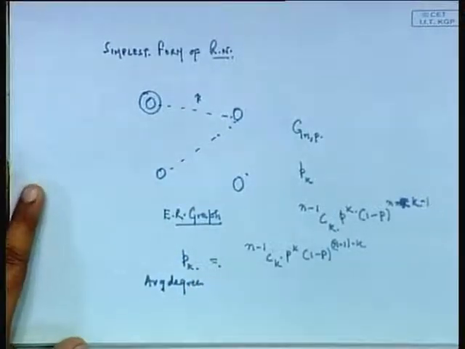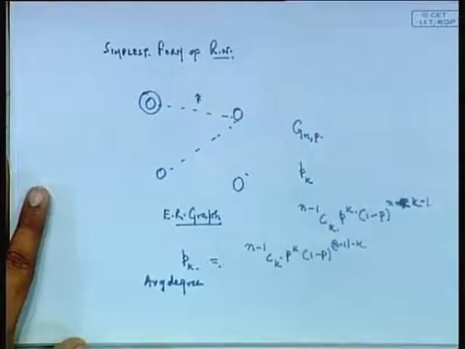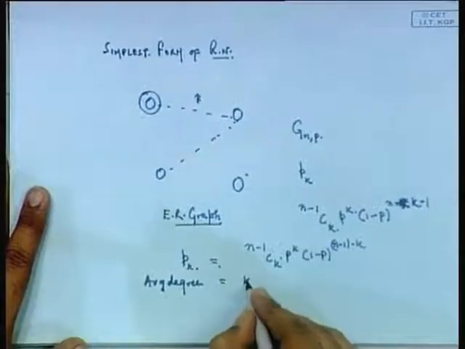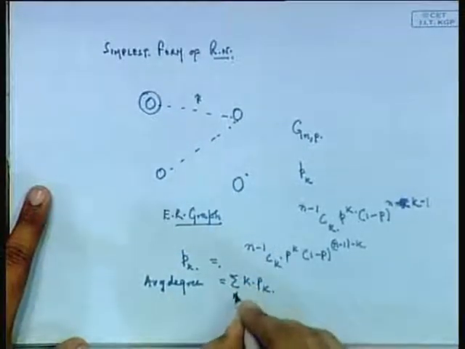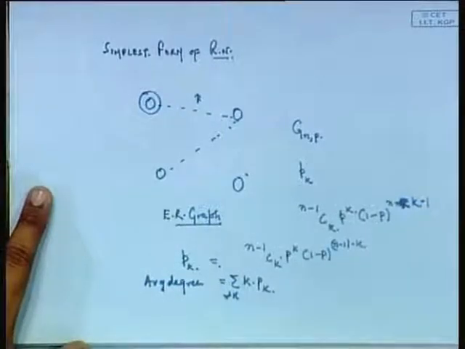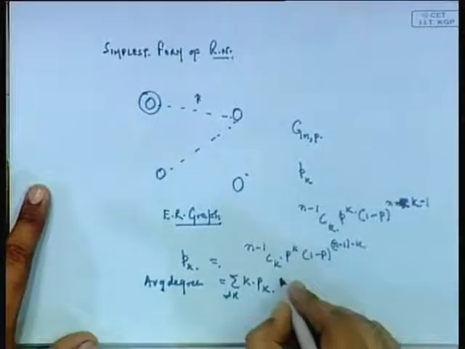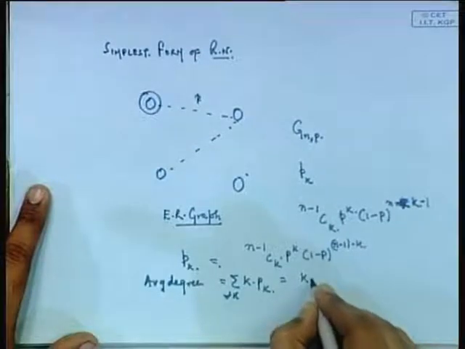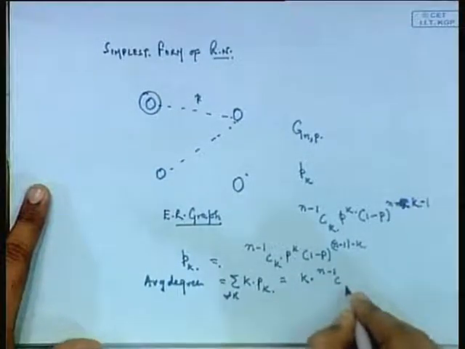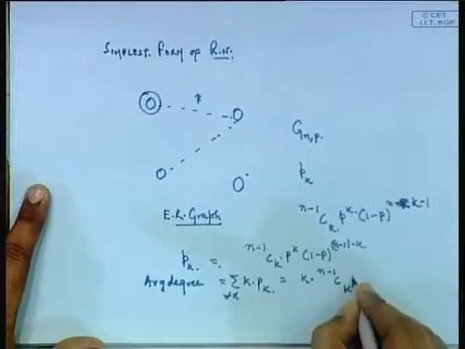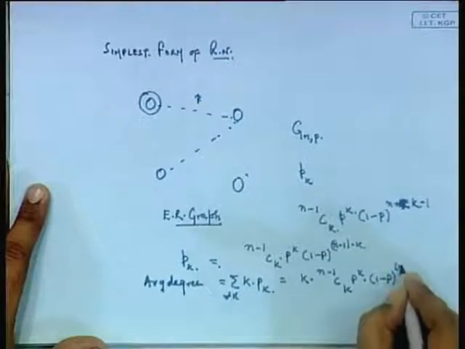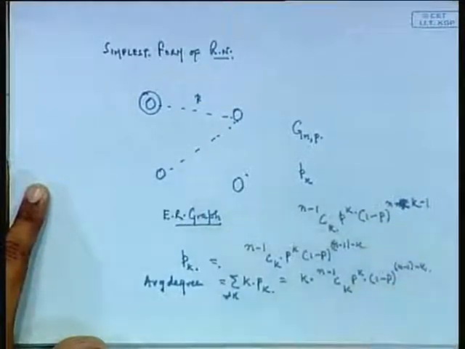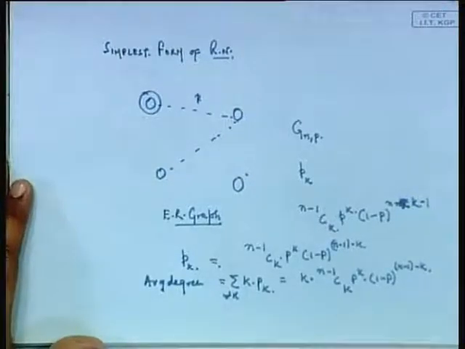The average degree is the sum over all k of k times p_k. Easy.